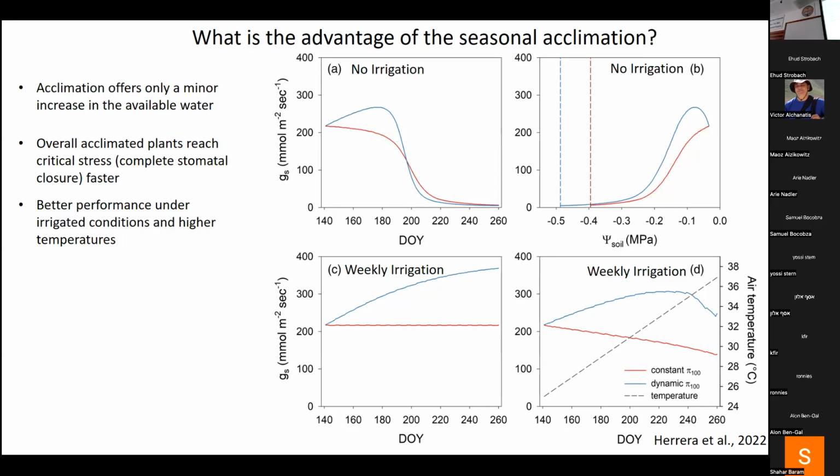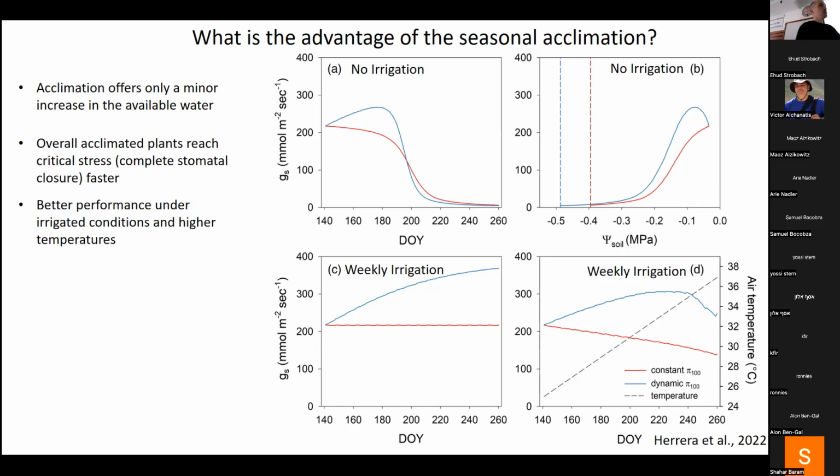Then the advantage becomes even clearer, because under hot environments, if there's no osmotic adjustment, the plant has to constantly close its stomata. So one possible advantage, which can kind of explain why plants from the tropics don't really do this osmotic adjustment, is that it's good for changing temperatures, right? If there's a seasonal increase in temperatures, maybe that's the advantage.